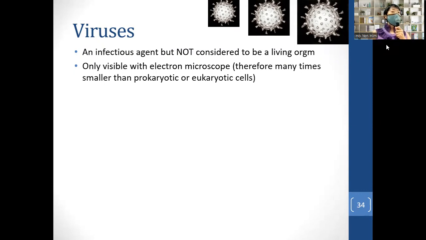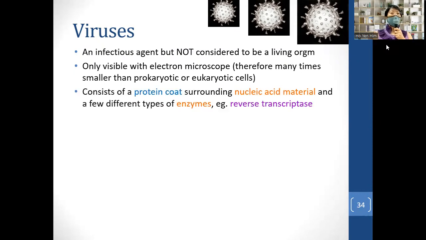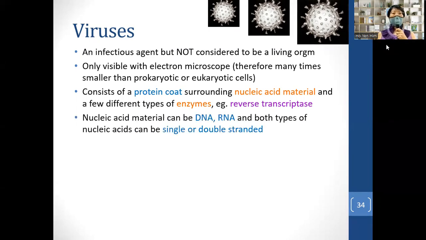It's many times smaller than bacteria, prokaryotes and eukaryotes. It is made up of a protein coat surrounding the nucleic acid material and a few types of enzyme, for example, reverse transcriptase. The nucleic acid material can be DNA or RNA, and both types can be single or double-stranded. So it's either DNA or RNA only that they carry.